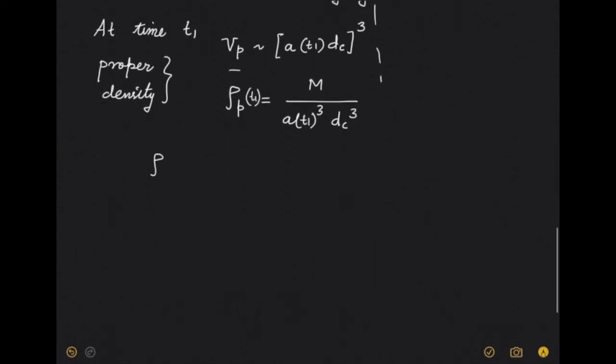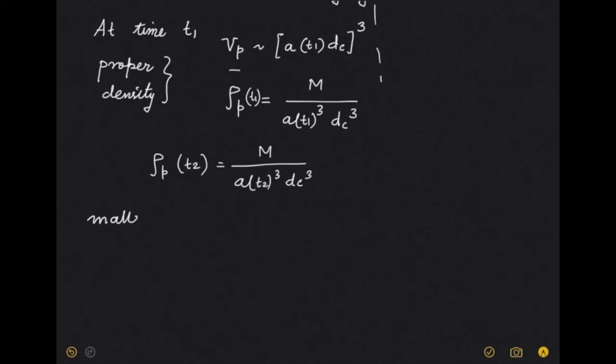And you see immediately that at a different time t2, the proper density is nothing but m by a(t2) cubed dc cubed. So this is the density which we call the matter density or the mass density.